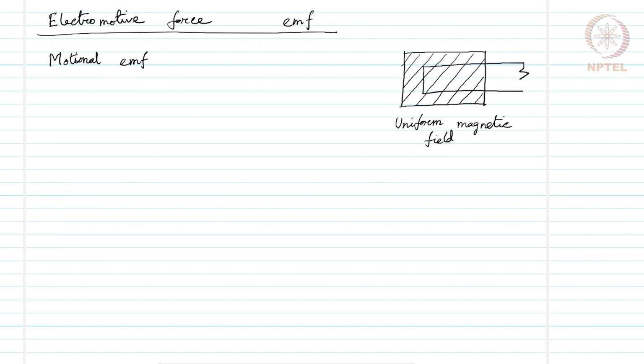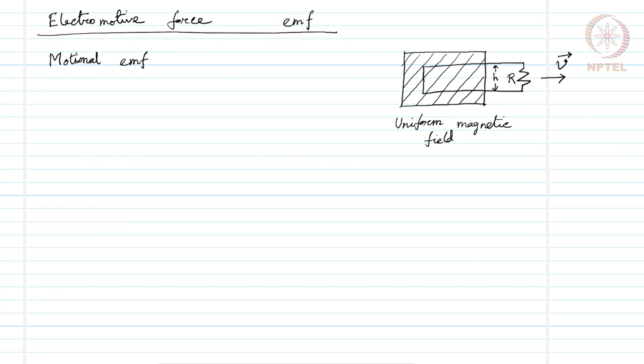At this end there is a resistance R. The height of this current carrying rectangular loop is H, and this loop is pulled out in this direction at a velocity V. With this, the motional EMF will generate some force on the charges because we have electrons in this wire, and they are being pulled out in a magnetic field.